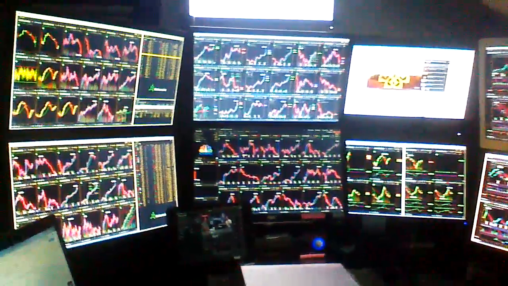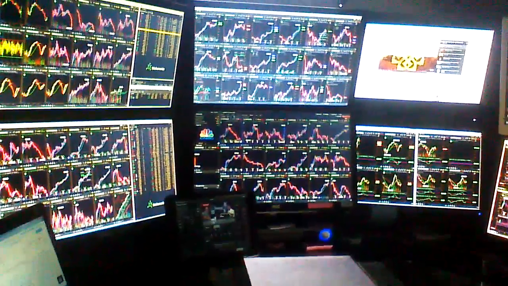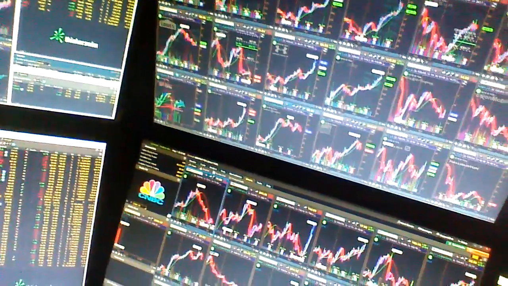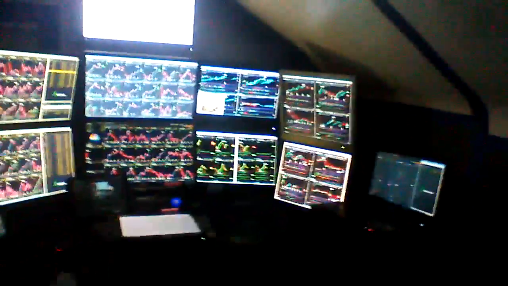This is one system, these six. Then you got these three right here. This is also another separate system, but I got all of them working together as one. When I'm doing my trades, when I'm using my computer, this is all one, so my mouse can scroll across all these screens as you're looking at them.